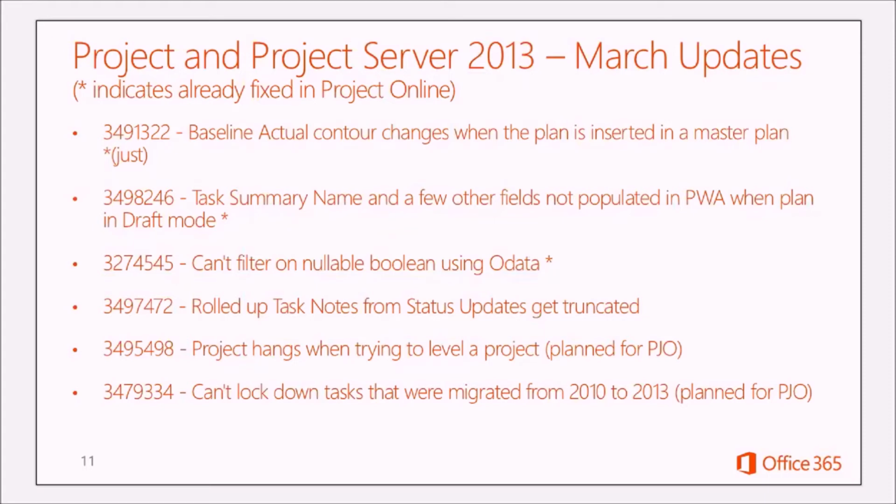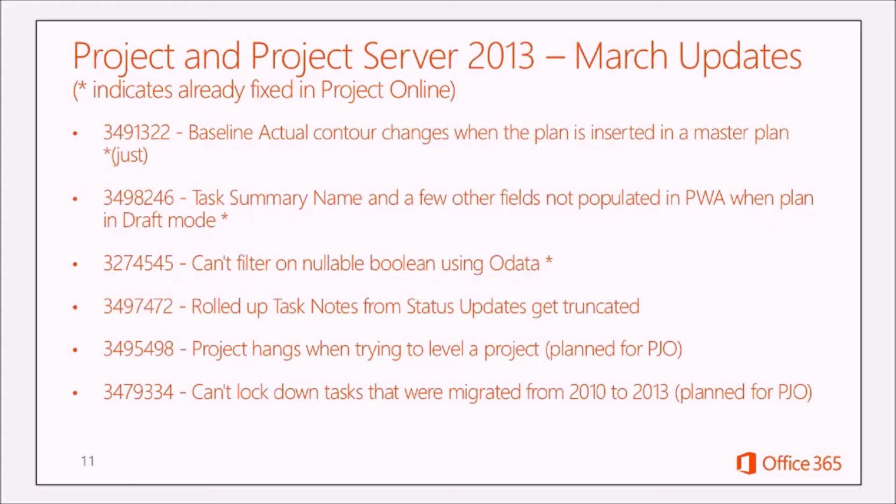The first one here is baseline actual contour changes when the plan is inserted into a master plan. So let me just give you a scenario behind this. Let's suppose that you have a number of projects, and in some of those projects they use a calendar that's different than perhaps the calendar that the master project is using.